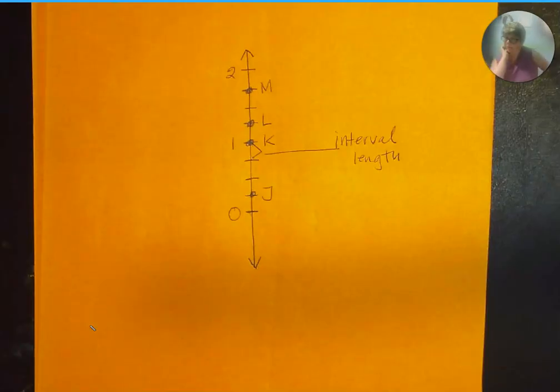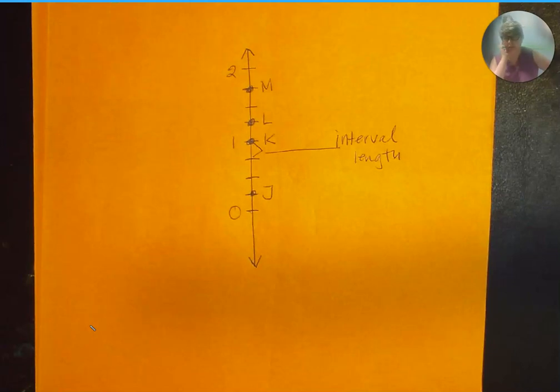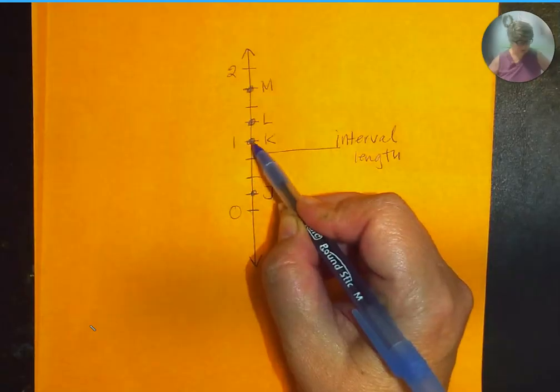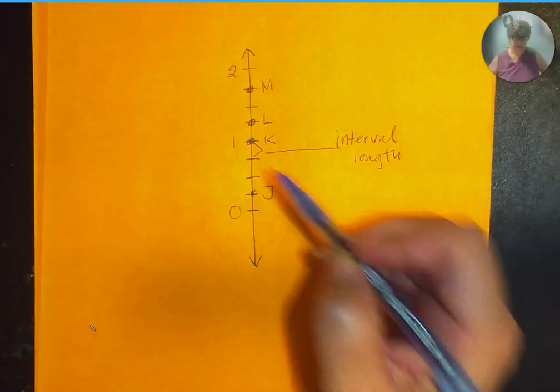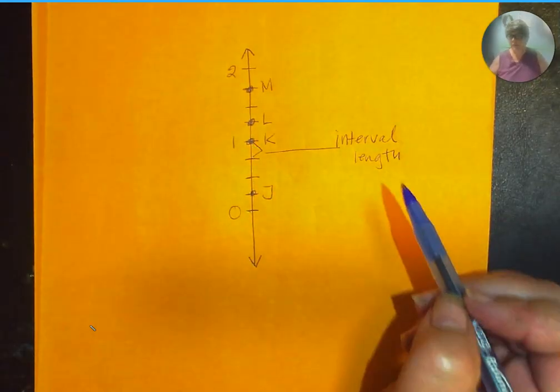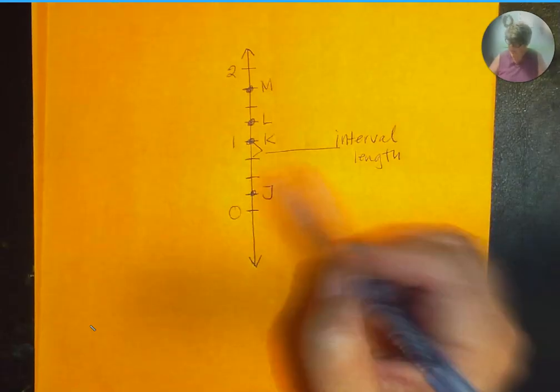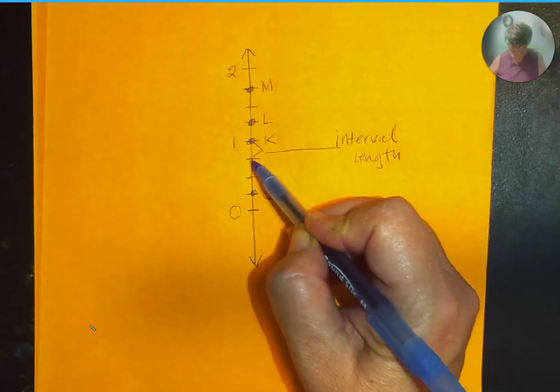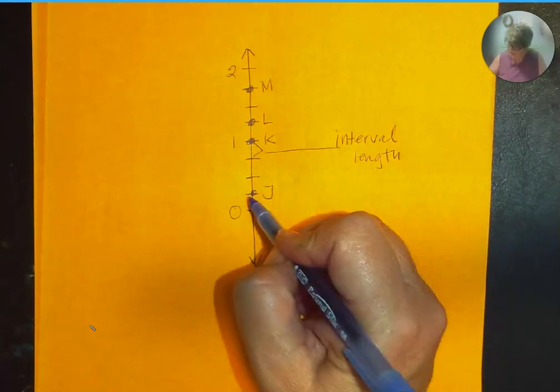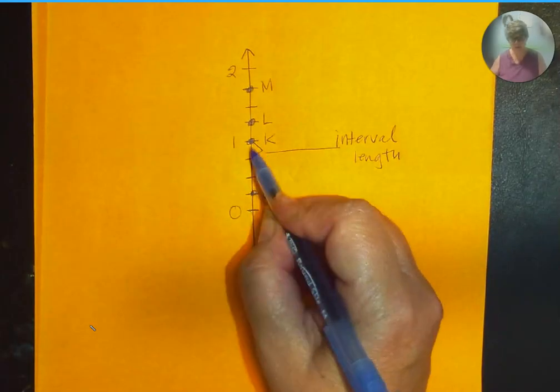All right, so looking at this, do we have some ideas about our interval? If this is 0 and this is 1, you getting the idea that our interval is going to be a fraction? Yes. Okay, so let's see. 1, 2, 3, 4. You see that we have 4 spaces.